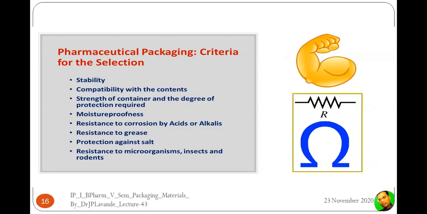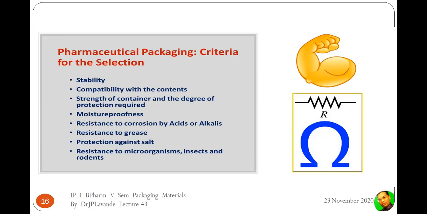Now, there are certain criteria which are necessary to be fulfilled by pharmaceutical packaging. The first one is stability. The packaging should not affect the stability of the product. The product should not affect the properties of the packaging material, and the packaging material should not affect the properties of the product.